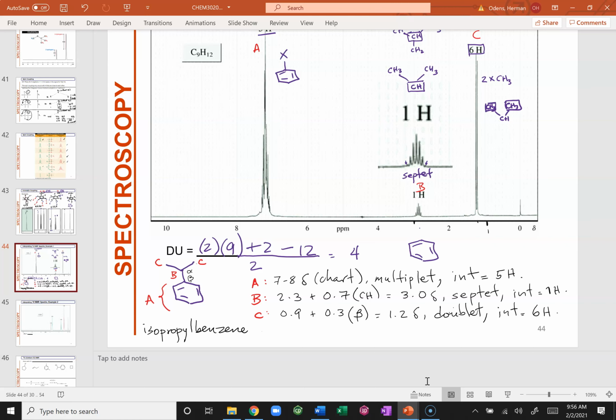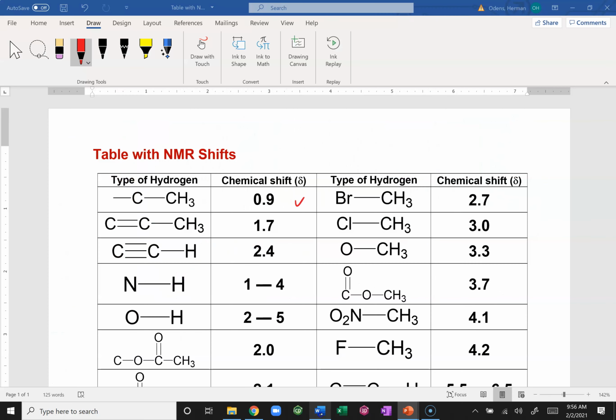Why didn't you add one? No. This signal starts at 0.9. Okay. Yeah, and then you add 0.3 because it has a beta group. Okay. So C signal is a CH3 and that's why it's 0.9? Yeah, exactly. It starts at 0.9, and that's your basic signal right here for a C attached to a C. All right.